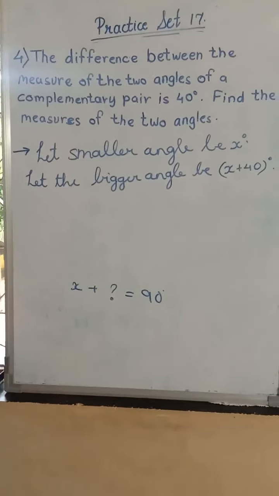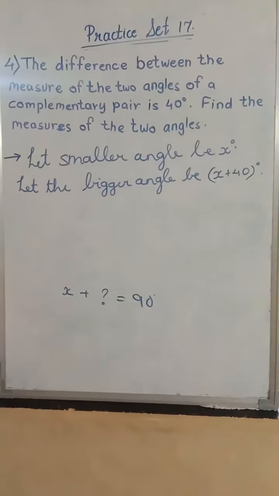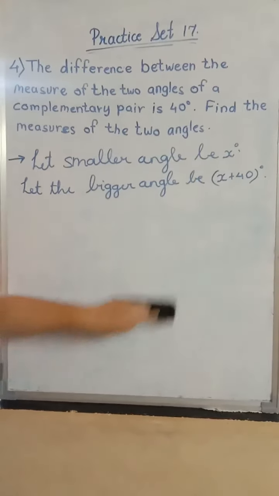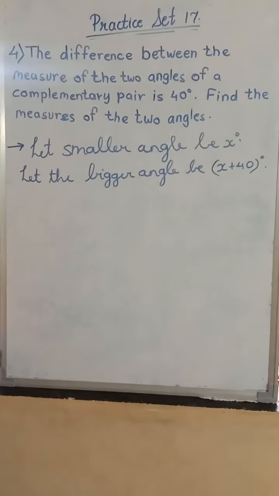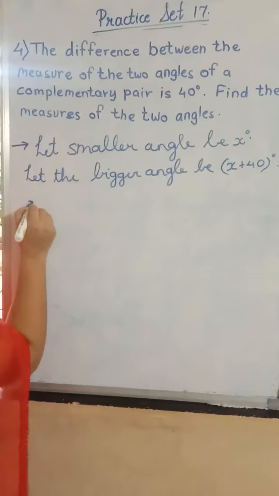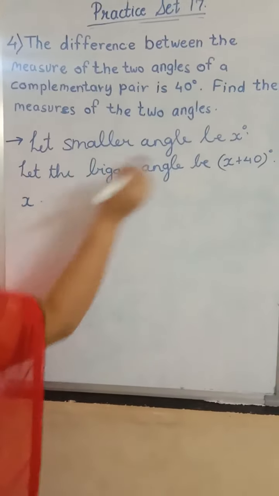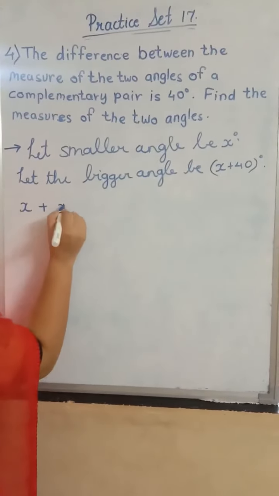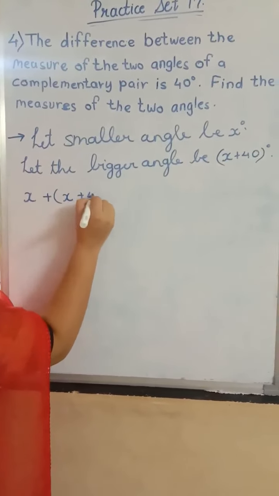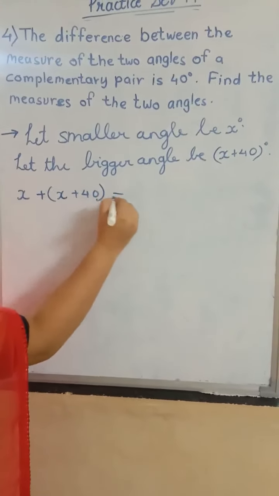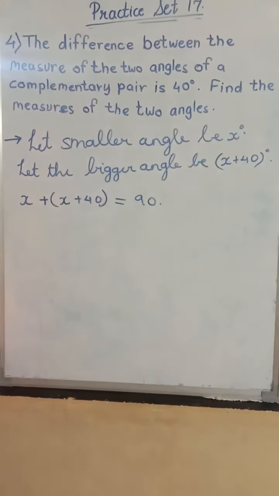So let the greater angle be x plus 40 degrees. Did you understand? Now, as they are a complementary pair, we have to add both of them. What is our first angle? x, plus the other angle. What is our other angle? x plus 40. One angle plus the other angle is equal to 90 degrees.